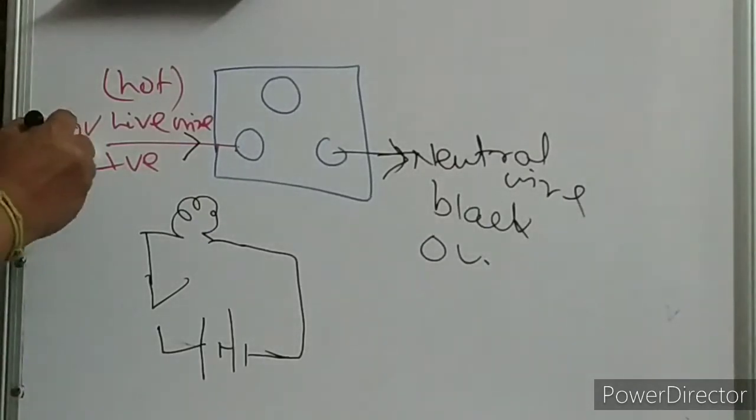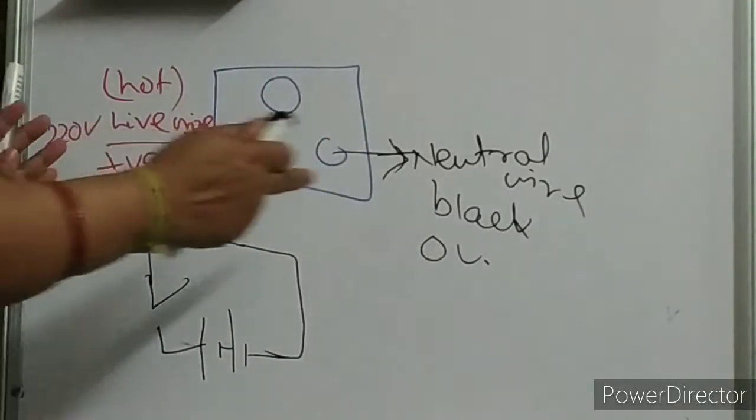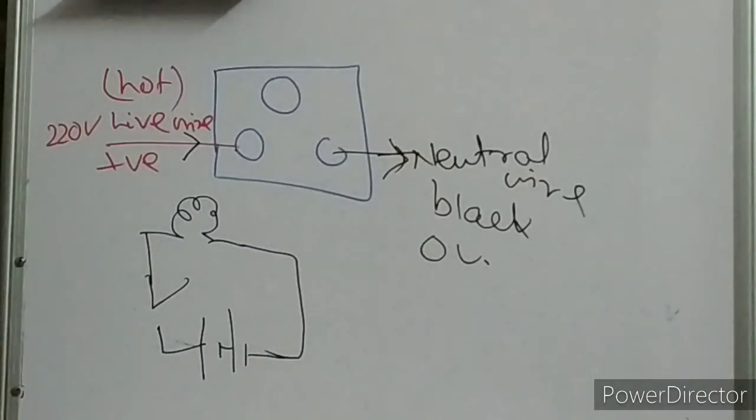Now it is 220 volt and it is at 0 volt. So what is the potential difference between these two? The potential difference will be 220 volt. Clear children?